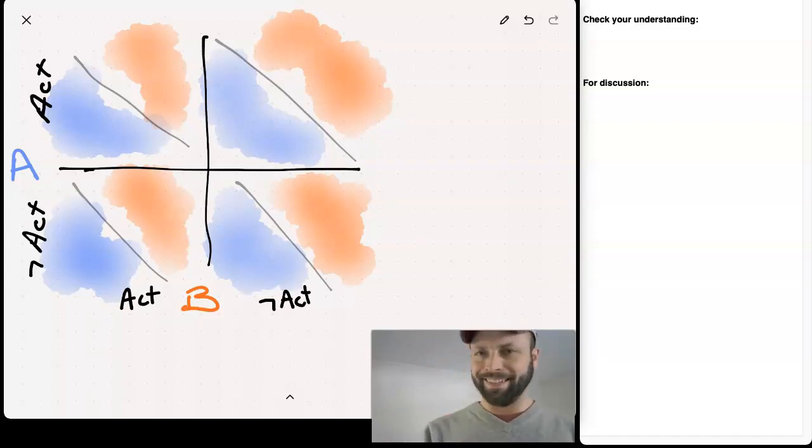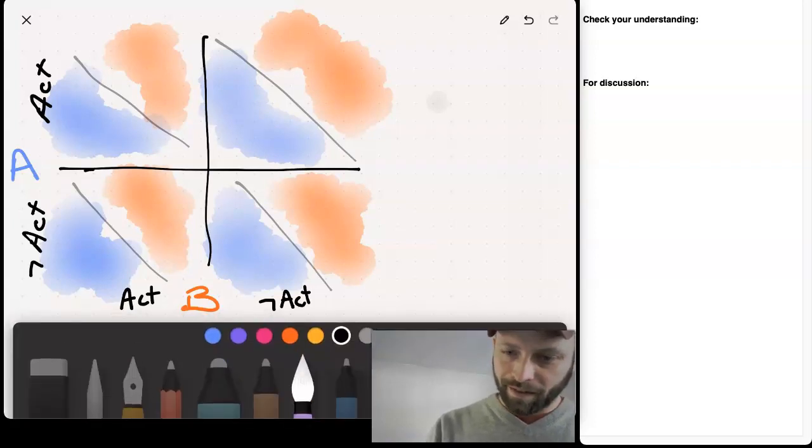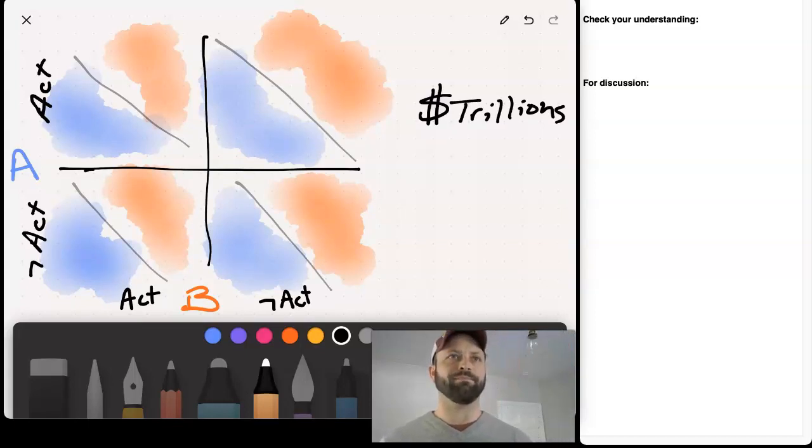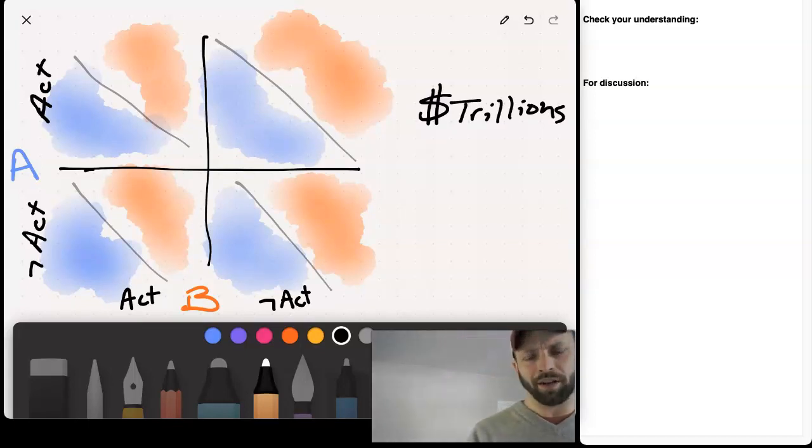So let's say that the payoffs here that I'm going to write in are in trillions. Those are the expenses, which is about the size of numbers that countries might take account of.